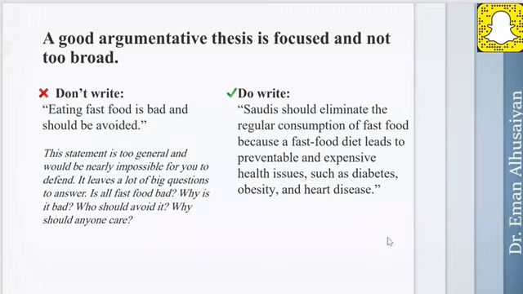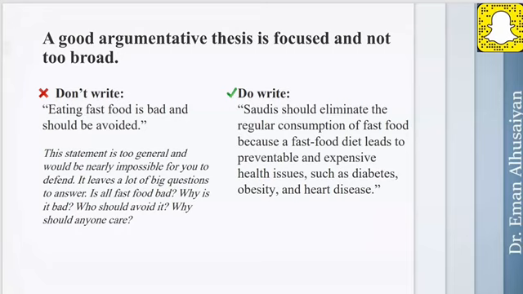So if you say eating fast food is bad and should be avoided, now this is a statement, but approximately all people will agree. So if all people will agree with the statement that you have brought, you have nothing to defend.